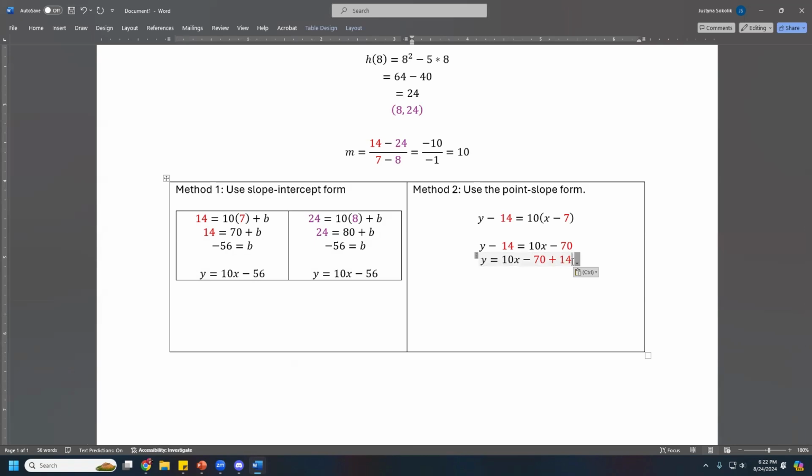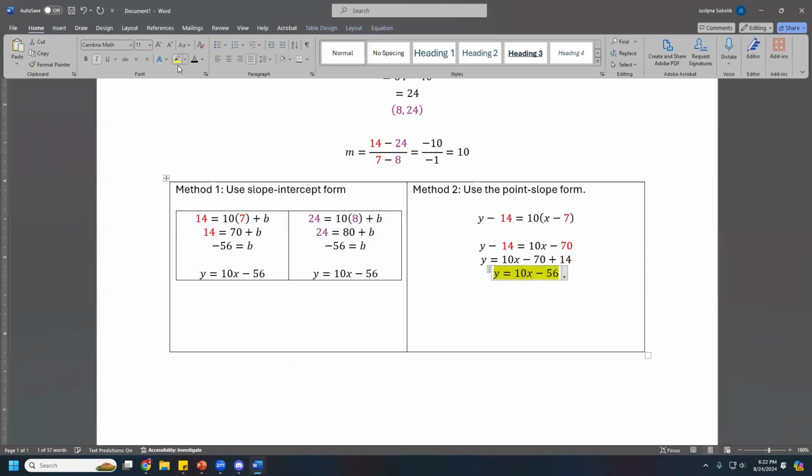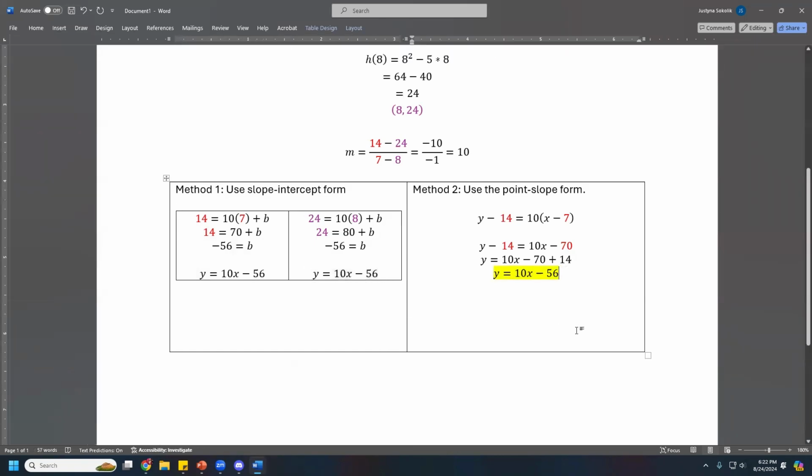Plus 14 here. But when I do negative 70 plus 14, that's going to end up giving me my negative 56. So as you can see, I end up getting exactly the same line either way. Right? It's the same line here, it's the same line here.